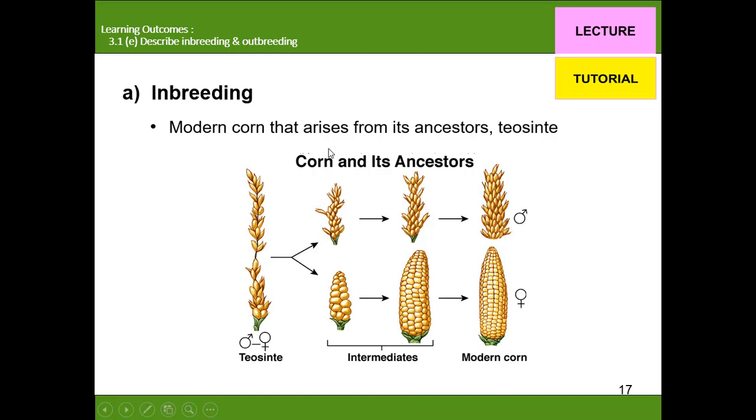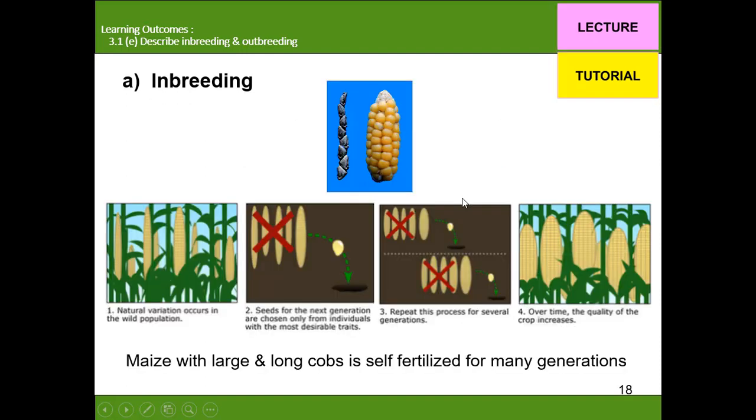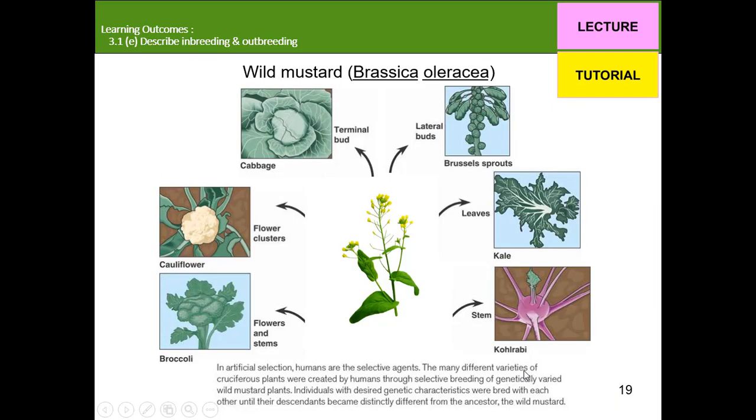So the corn and its ancestor, where inbreeding occurs. Maize with large and long cobs is self-fertilized for many generations. Also about wild mustard.